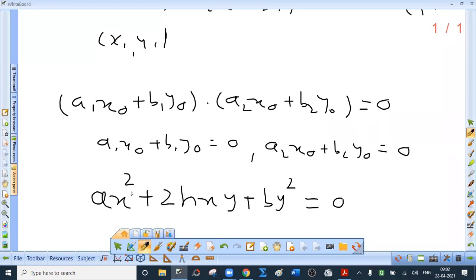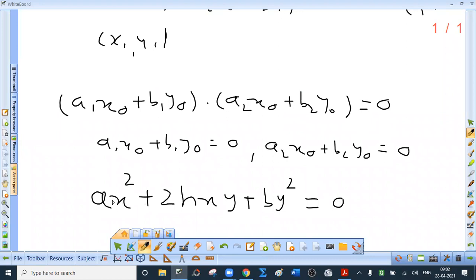So we have proved which theorem? The joint equation of pair of lines through origin is a second degree homogeneous equation in x and y. Now I'm going to ask you one question. Can I say that the converse of this theorem is true? Let me tell you the converse first.